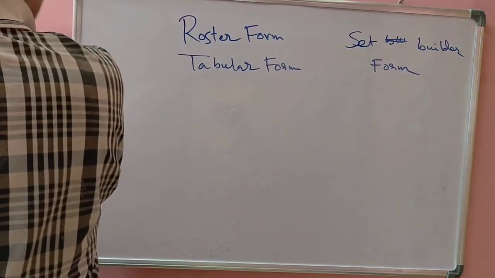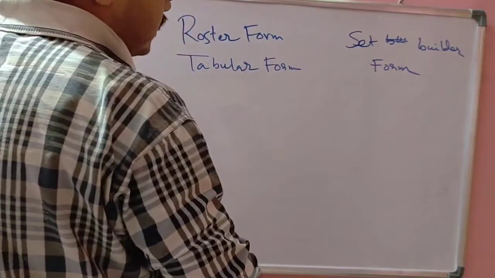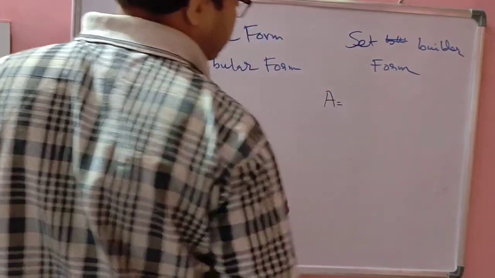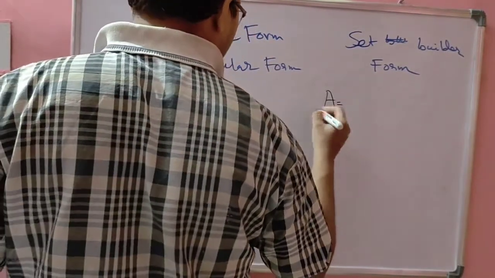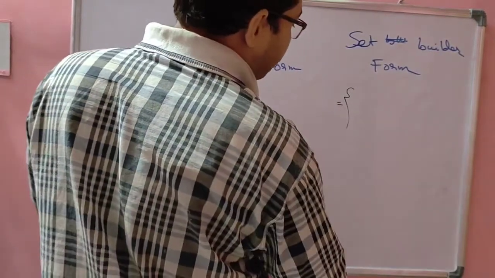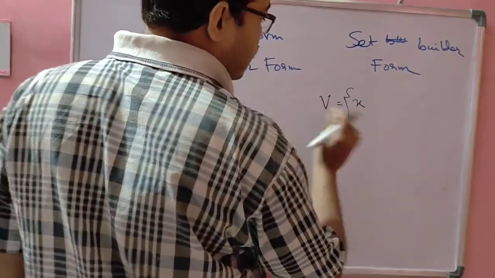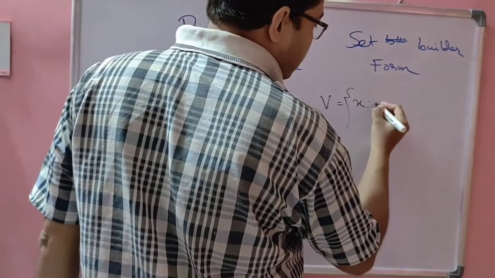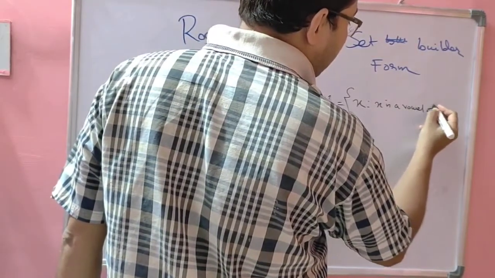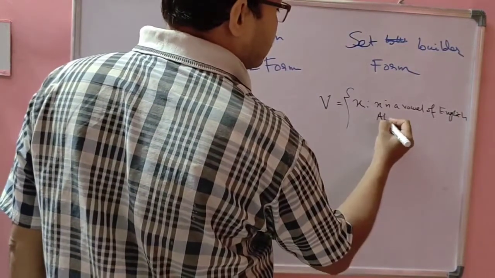Suppose we are taking a set, maybe we can take V, for vowels. So we will write that X is a vowel of the English alphabet.